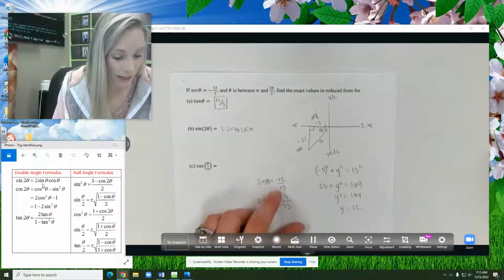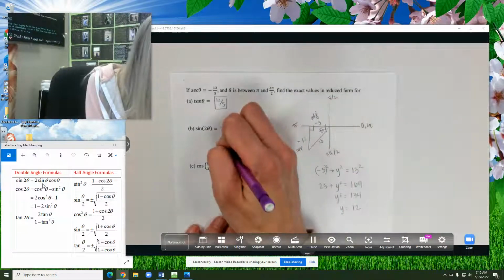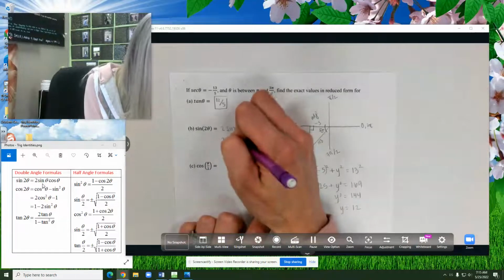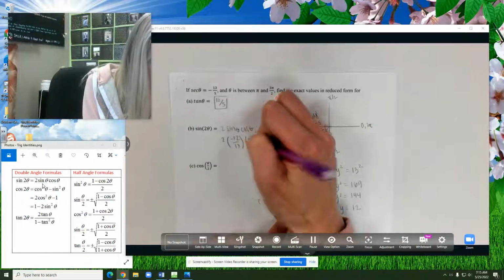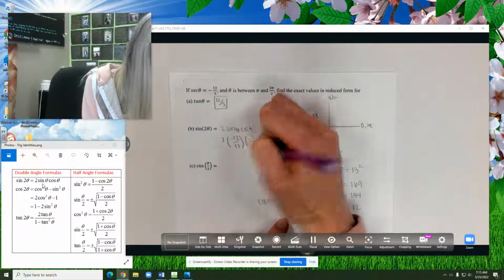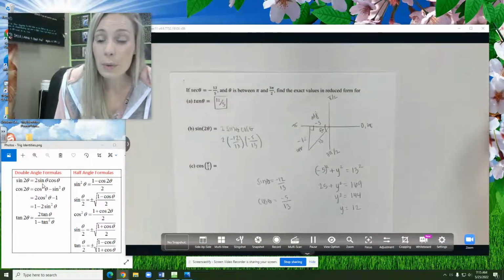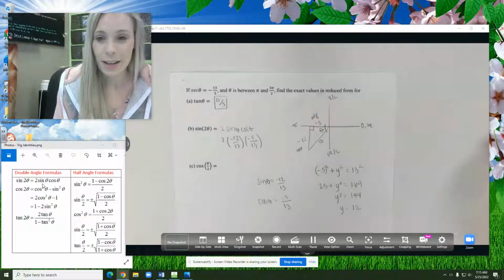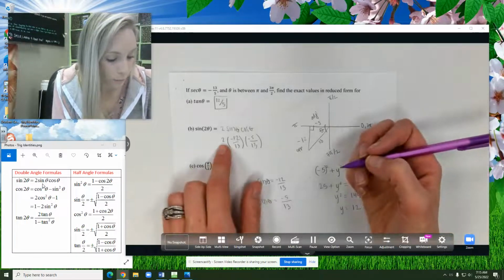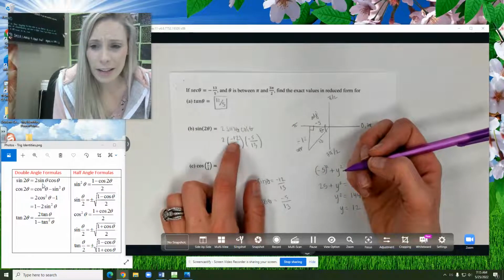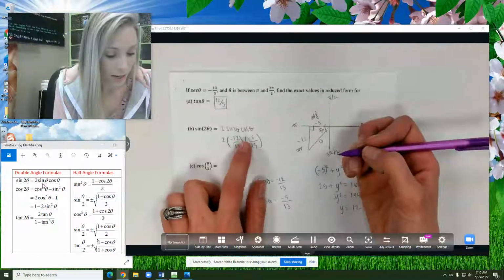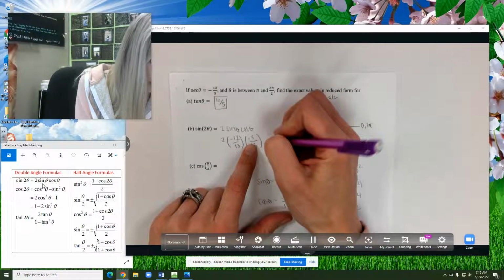But we know what sine of theta is, it's right here. So we're going to replace that sine with the actual value, which is negative 12 over 13, and replace cosine with the actual value, which is negative 5 over 13. And then we multiply straight across. 2 times negative 12 is negative 24. Negative 24 times negative 5 is positive 120.